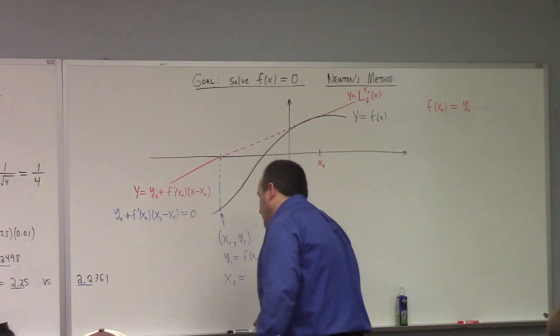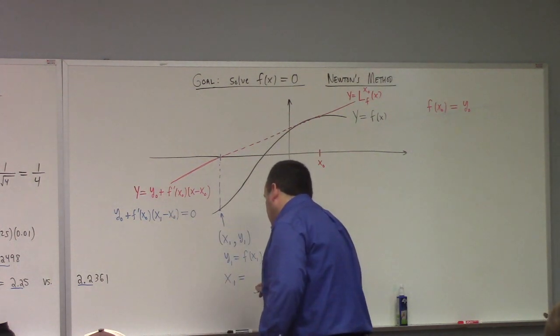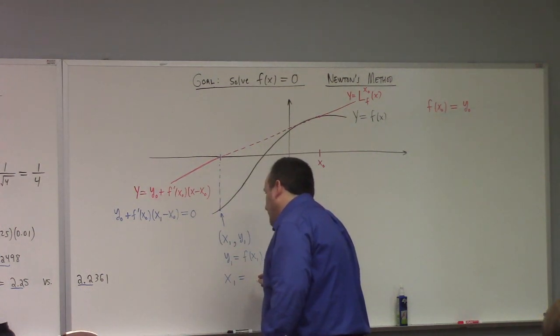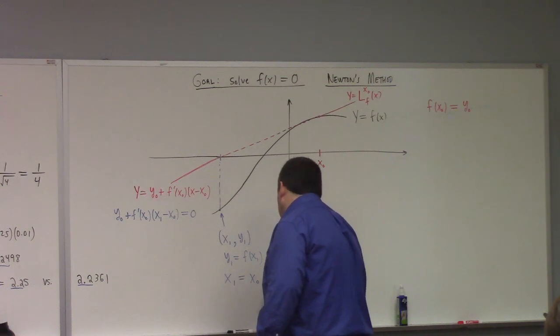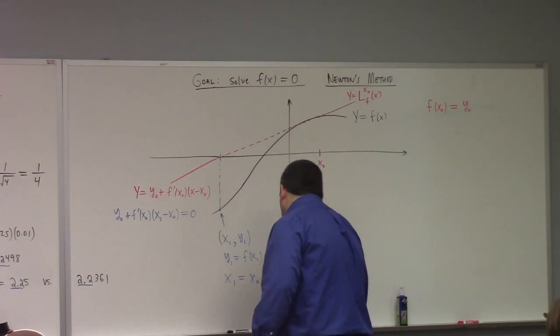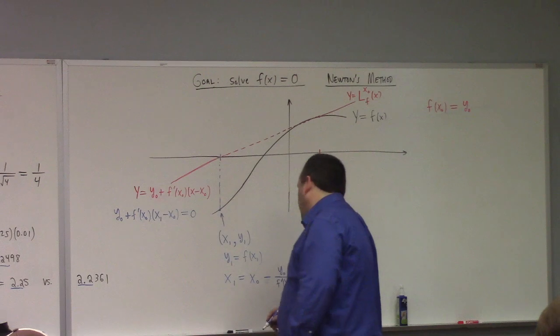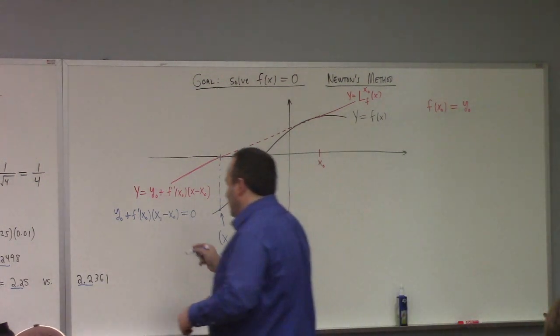If you solve this for x1, what you get is x naught plus, I feel like that might be wrong. Yeah, no, not plus, minus: x naught minus y naught divided by f prime of x naught. Like, just work it out, okay?